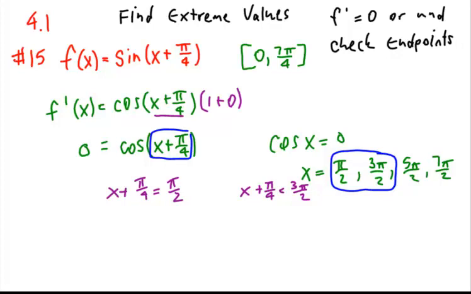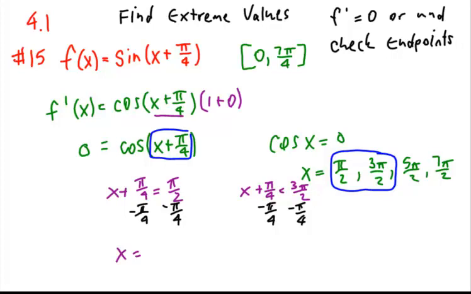So now you're just working through a little bit of math here. Go ahead and subtract pi over 4 from both sides. And x equals, well, you can treat these just like you would any other fractions.